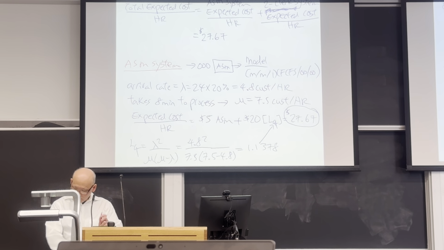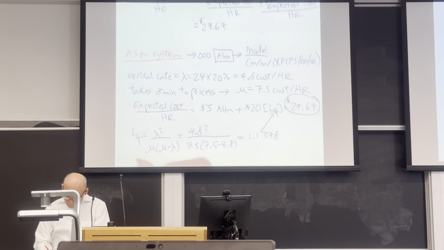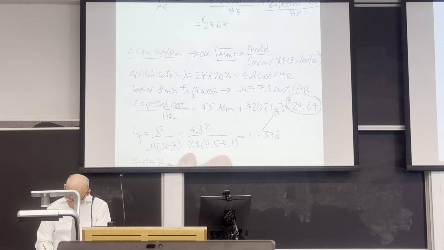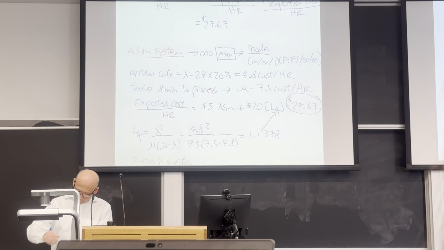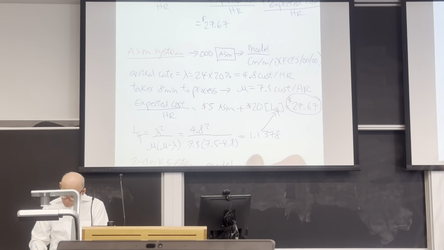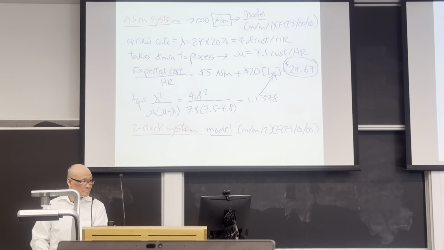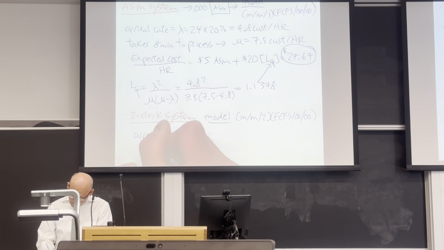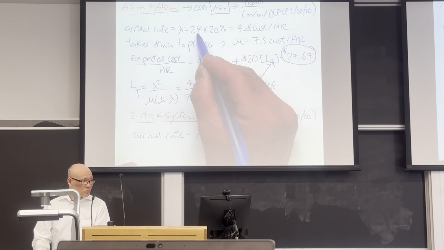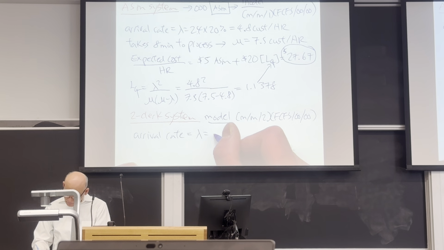Okay, now we're going to calculate the cost of the two-clerk system. So the model then is my M/M/2. Then we calculate our arrival rate. So the 24, 20% is going to the ASM, so 80% is coming to the 2 clerks.